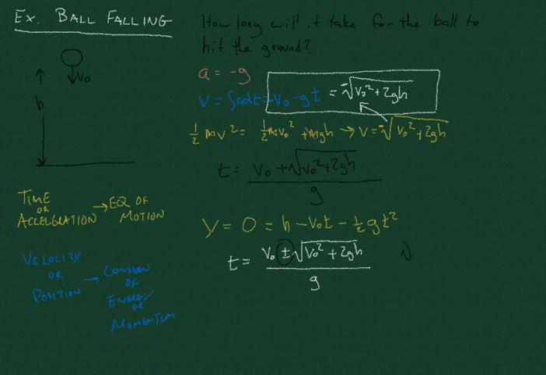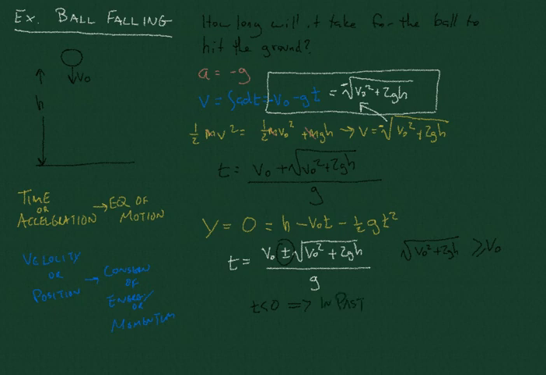Well, notice that the square root of v0 squared plus 2gh is always going to be bigger than or equal to v0, because the only time these are equal is if h is 0. Anytime h is non-zero, this is always going to be greater than the initial velocity. So if we take the negative sign, it gives us a negative time. And if t is less than 0, this tells us that it happened in the past.